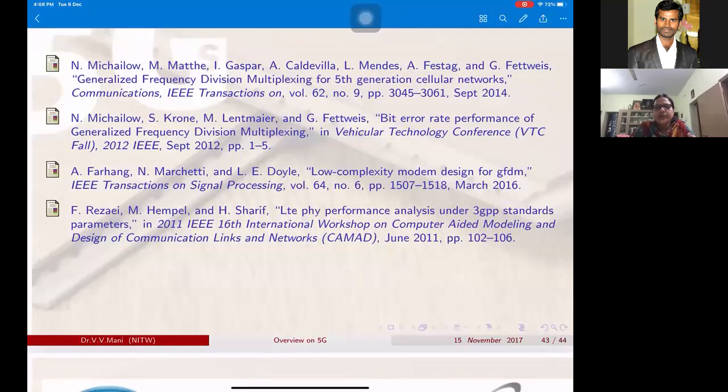After the prototype filtering, we put that data onto the same carrier for M subsymbols. Similarly, if there are N carriers, on each carrier M subsymbols are carried at a time. That is the main difference between GFDM and FBMC.